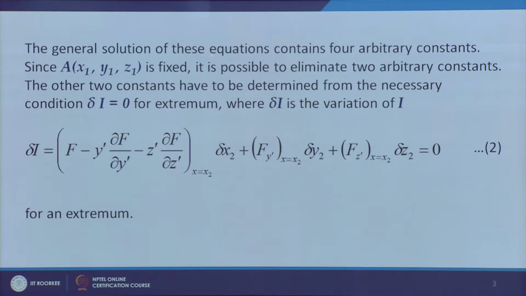The other two arbitrary constants have to be determined from the necessary condition, that is δI = 0, where δI is the variation of I. Now, δI is equal to [F − y'∂F/∂y' − z'∂F/∂z'] at x = x2 times δx2, plus F_y' at x = x2 times δy2, plus F_z' at x = x2 times δz2, equal to 0 for an extremum.